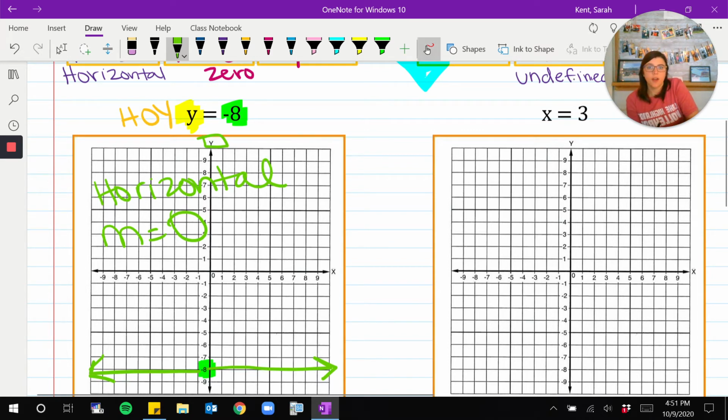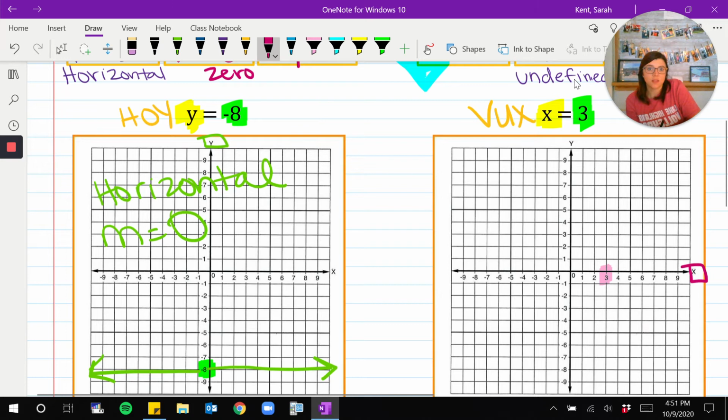Now if we look at our other example here, we've got x equals and a 3. So anytime I see x, I'm going to think VUX, vertical and undefined. So now that I've gotten x, I'm not going to look at the y, but I want to look here at the x-axis. So as I look, I want to find the number 3. So here I've got 0, 1, 2, ooh, here's 3.